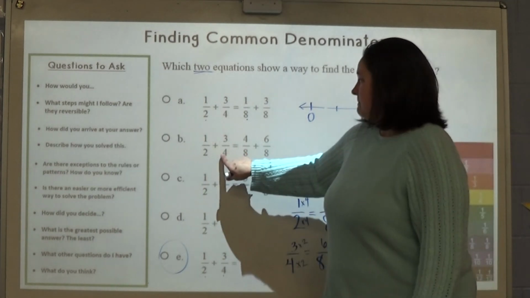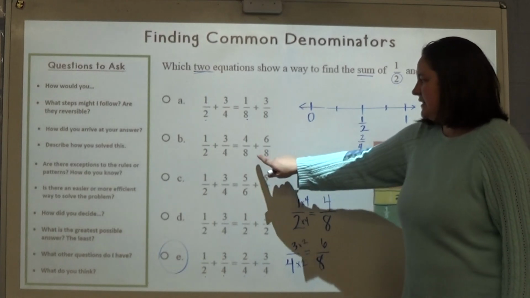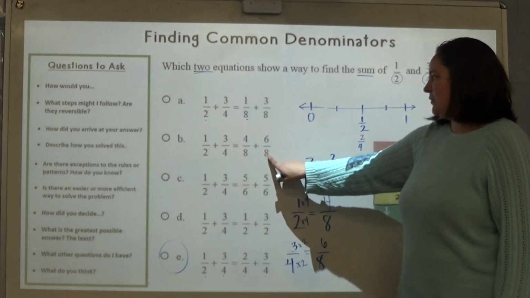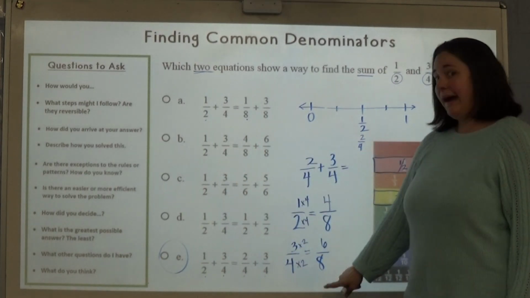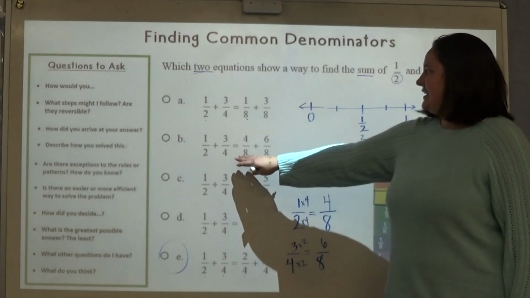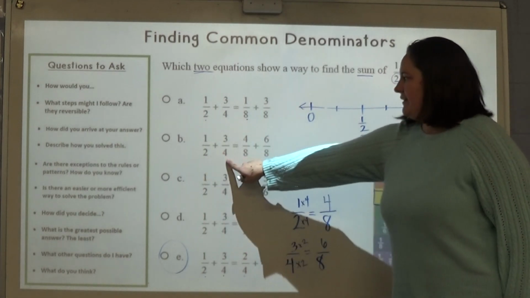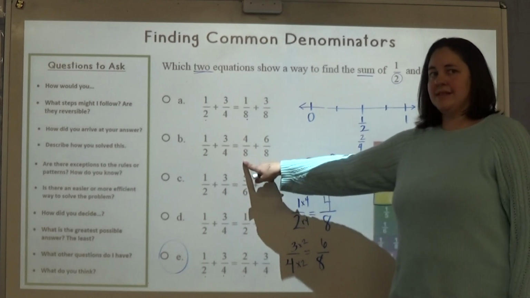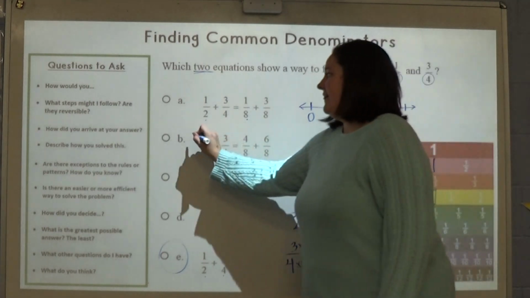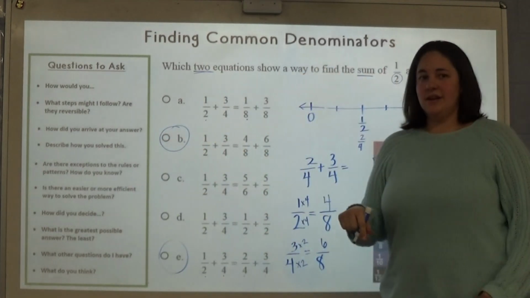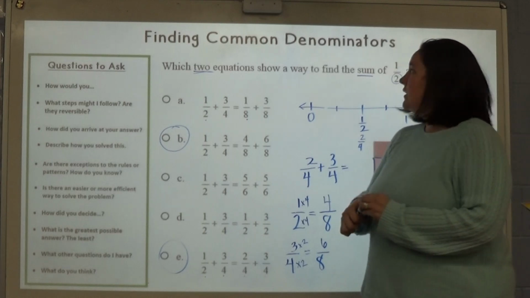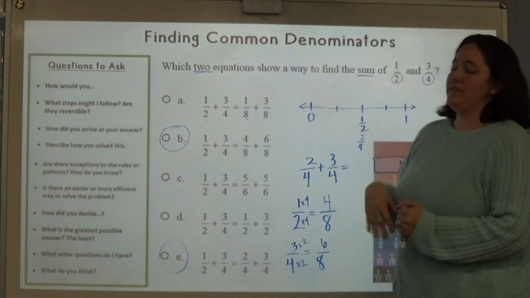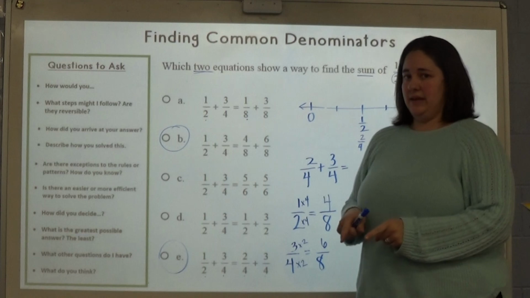That one works. 3/4 plus 3/4 is equal to 6/8, and that one works too. So we can say that the equation 1/2 plus 3/4 is equal to 4/8 plus 6/8. That would be the second equation to show the sum of 1/2 and 3/4 using common denominators, okay?